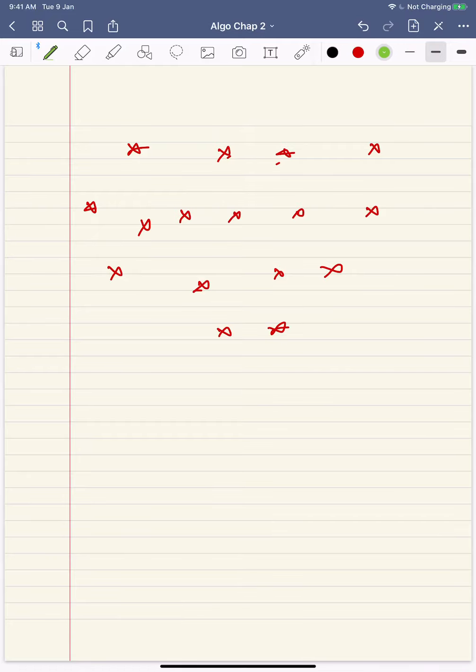You say, okay, let's divide this into 2 parts. I divide the plane into 2 parts, the left half and the right half.